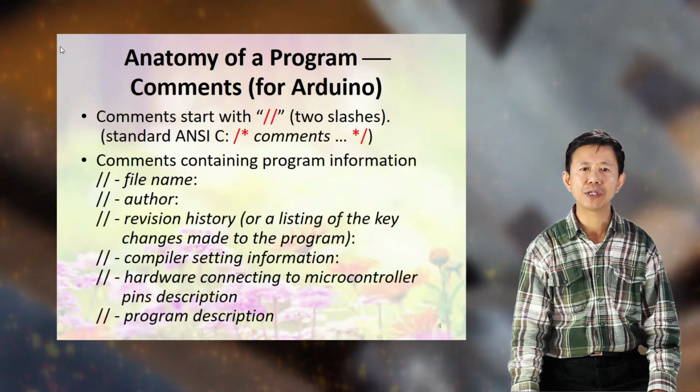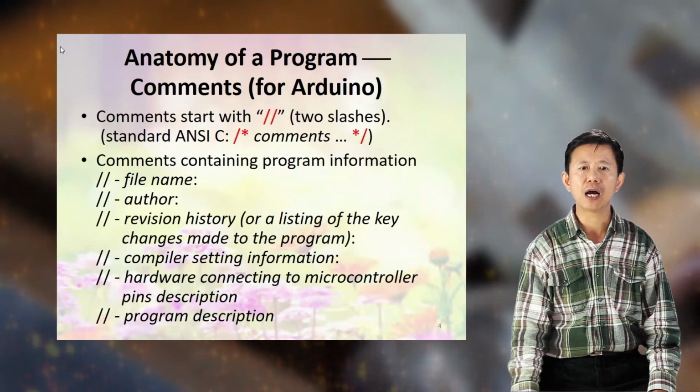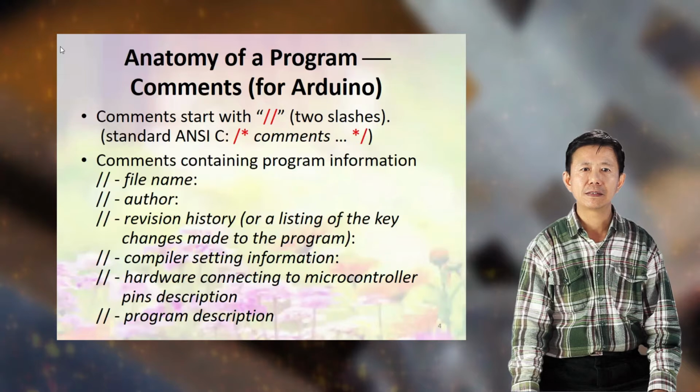Because I intend to use this video clip as a supplement to Introduction to Arduino, the usage of Arduino programming is started. Comments start with 2 slashes for Arduino. In standard C, it's different.